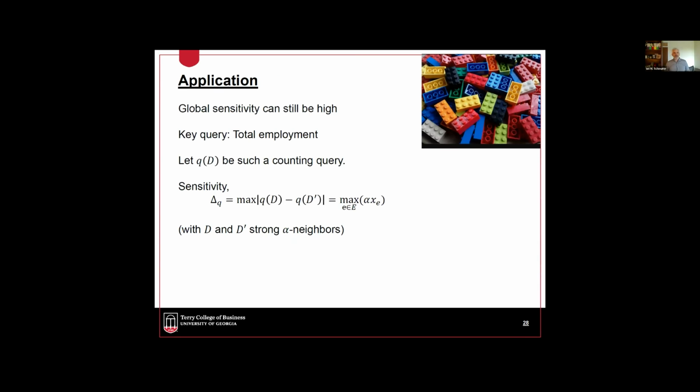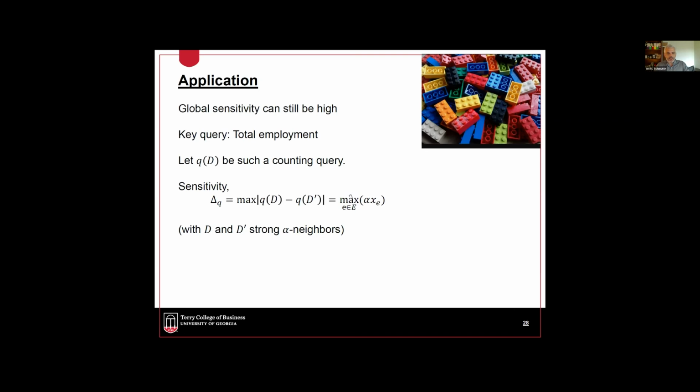Now in application, the global sensitivity here can still be high. The key query is total employment. So if Q of D is such a counting query, then the L1 sensitivity would still be the difference between operating that counting query on the initial database and implementing it on its strong alpha neighbor.